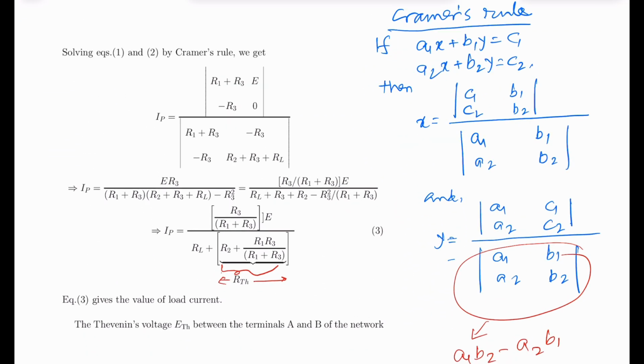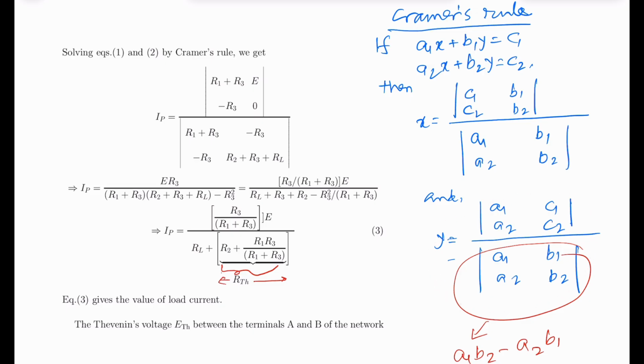Now let us find the value of IP using Cramer's rule explained here. Refer to equations 1 and 2. IP is the coefficient of B1 and B2 here. So Y stands for IP in equations 1 and 2. So how to find the value of Y? You use this equation.